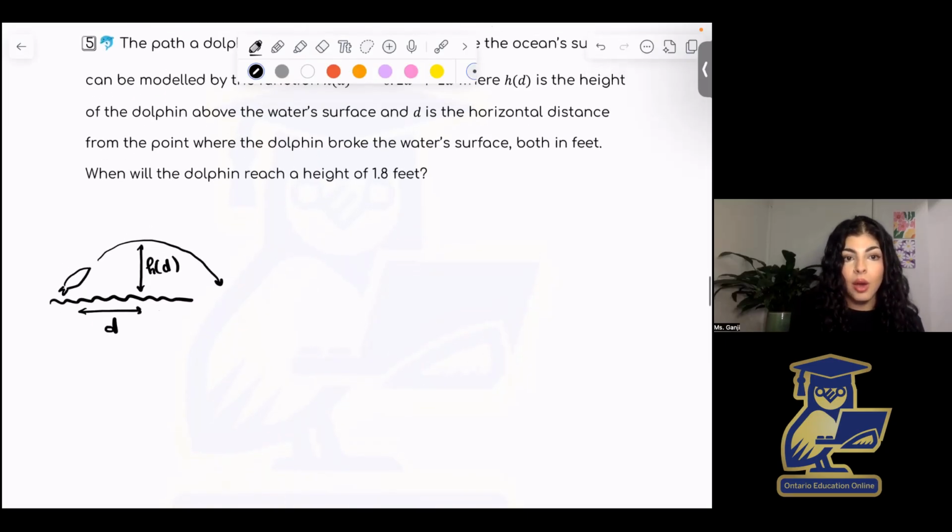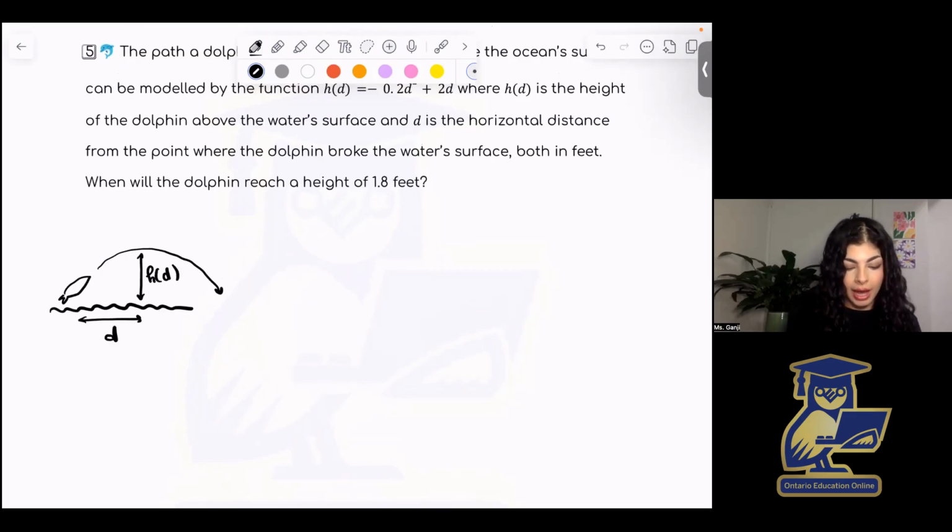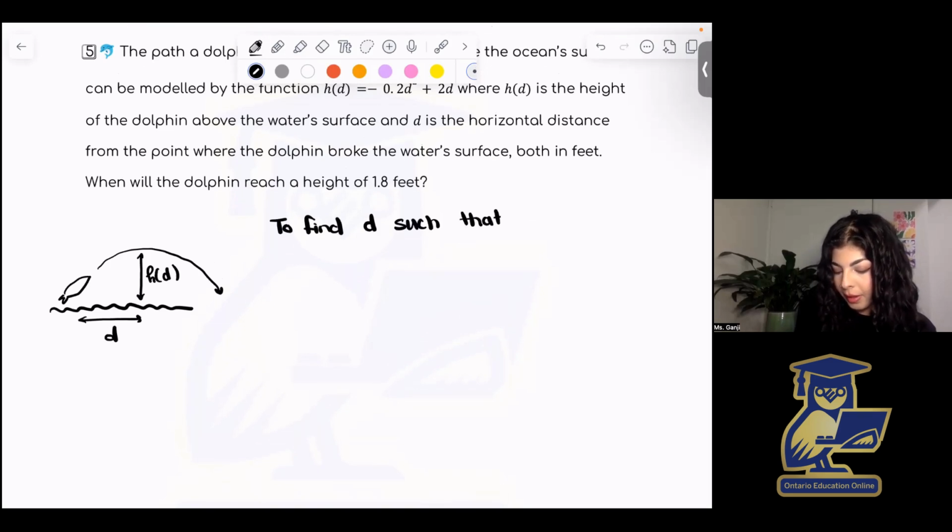And here we're asked, when will the dolphin reach a height of 1.8? So we want to find d such that h of d is equal to 1.8 feet.